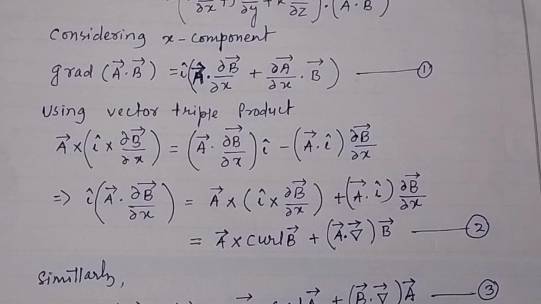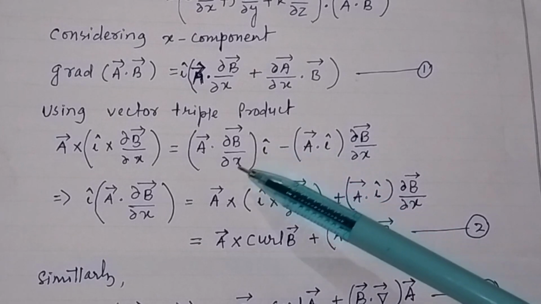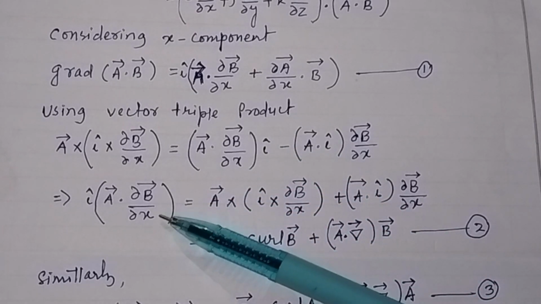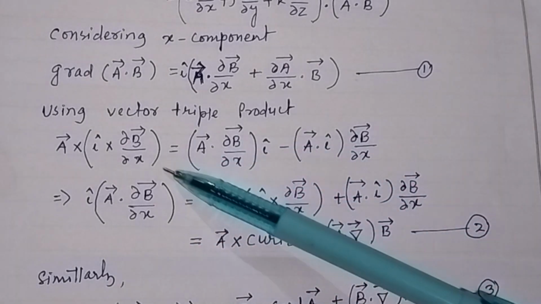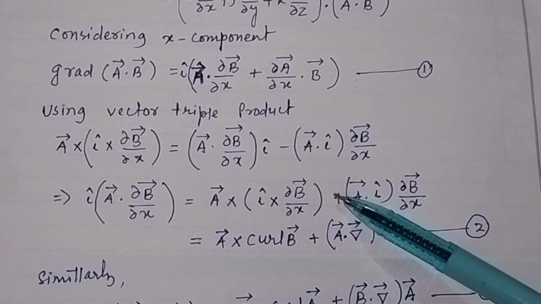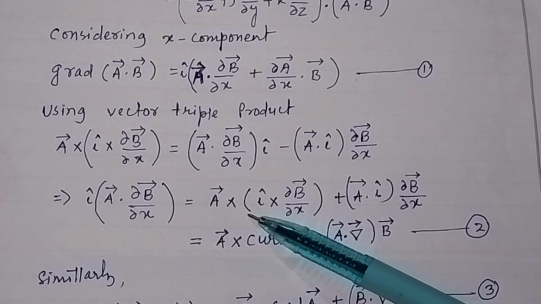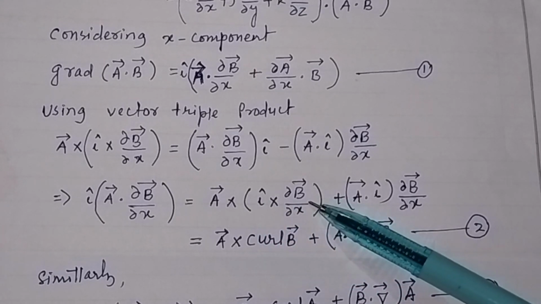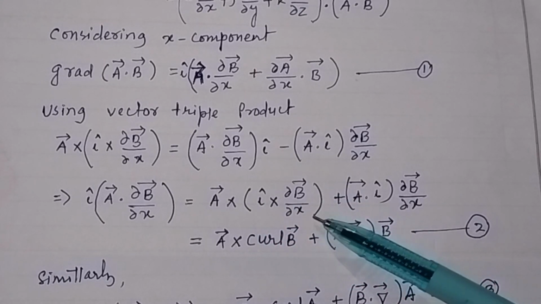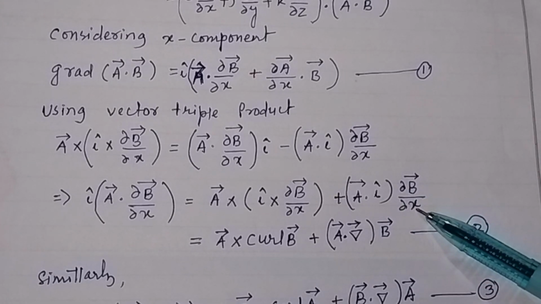So this will be equal to A cross (i cap cross partial derivative of B with respect to x) plus A dot i cap partial derivative of B with respect to x.